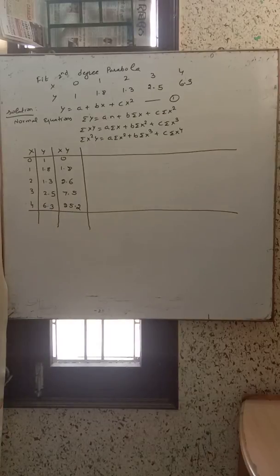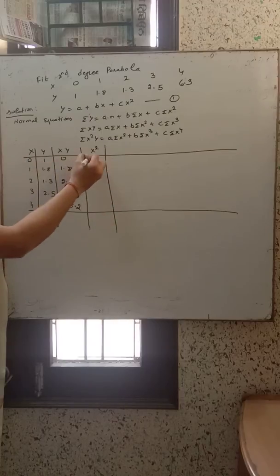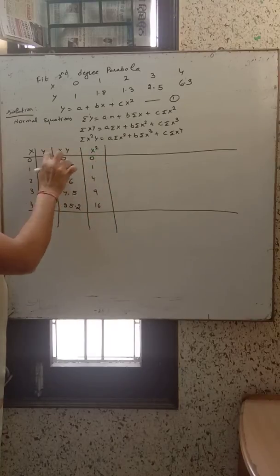Then we find x square. X square is the square of this column: 0, 1, 4, 9, 16. Then we multiply x square with y.